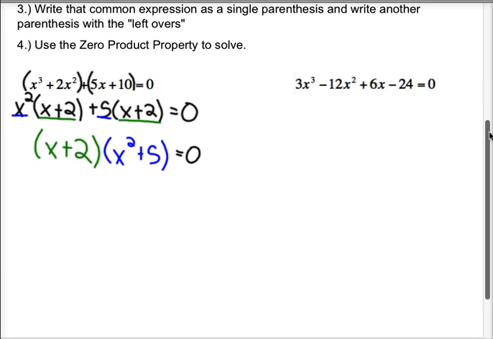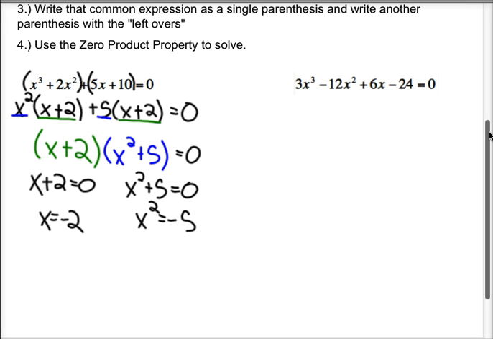So once we've done that, now we solve these. So this piece gives me an x plus 2 equals 0. So I have x equals negative 2 as a solution. And then just like in our previous notes, now we have a squared term left. So I'm going to solve this by square rooting. So I subtract the 5 over, square root both sides.